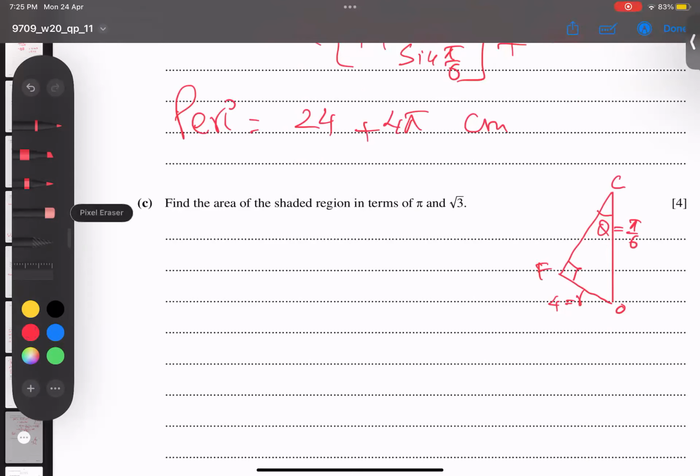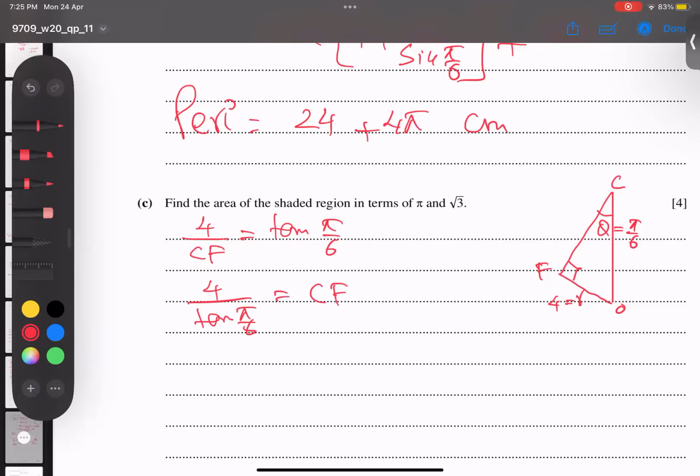And the FC value is a very clear approach, opposite by adjacent. So I'm writing here 4 over CF is tan pi by 6. In this triangle opposite is 4, CF goes there. If I cross multiply, students, what happens? CF goes there, and 4 over tan pi by 6.